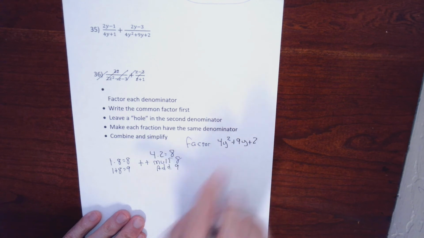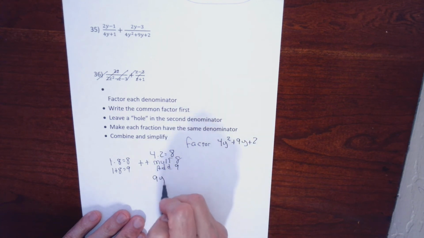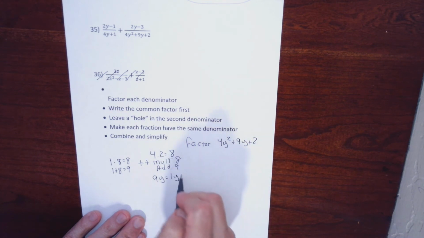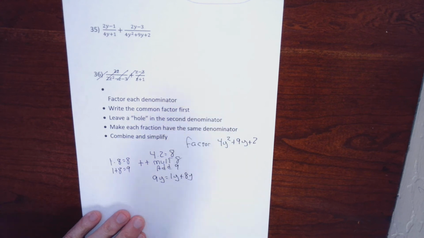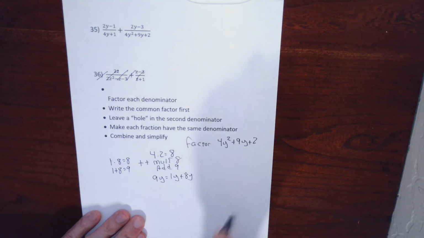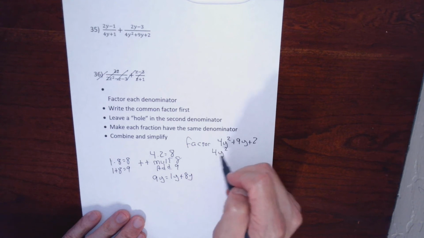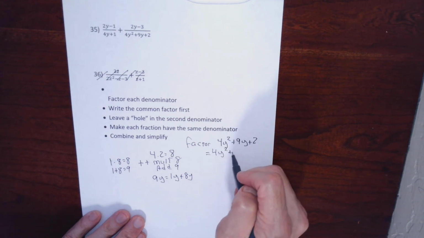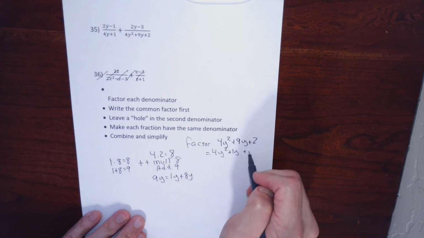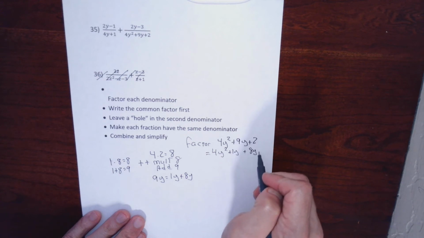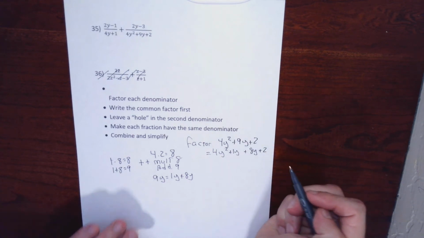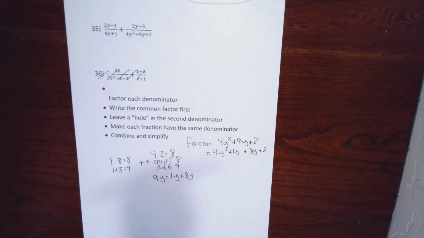I'm going to rewrite the 9y as 1y plus 8y. So in my efforts to factor this denominator, because of the 4 in front of the squared term, I realized my best chance is to factor by grouping. So I decided how to split up the 9y.